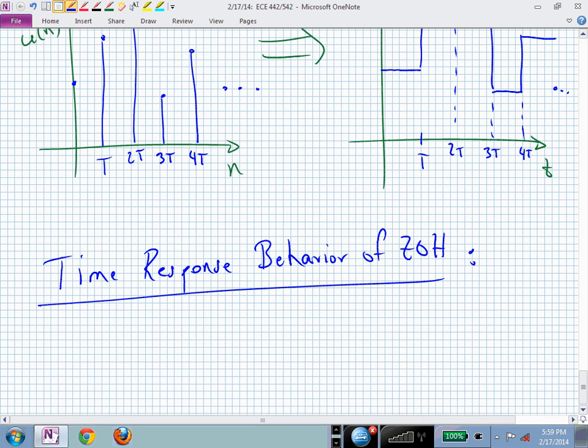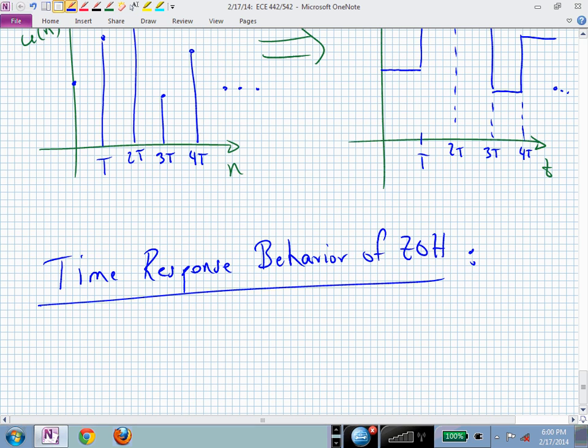What do we typically do to obtain the behavior of that system? We kick it, we excite it. And we might want to excite it with something that's fairly easy to do. What if we just applied a unit pulse to this zero order hold?